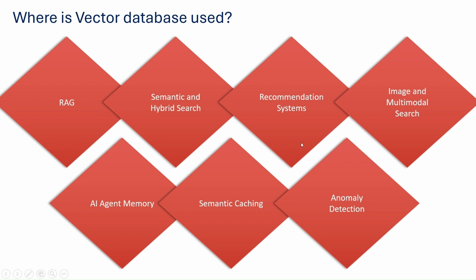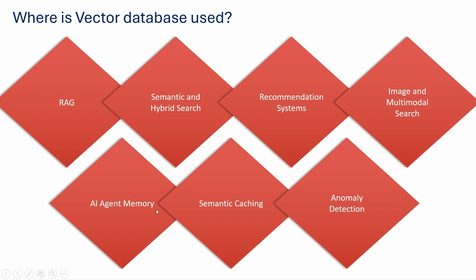Next one, recommendation systems. For example, in e-commerce or in media or in social media, for understanding user preferences, you can use vector databases. The fourth one is in the area of image and multimodal search, where you can use vector databases which do not just index the text. They can also process multidimensional data like images and videos put together and provide you a comprehensive search result.